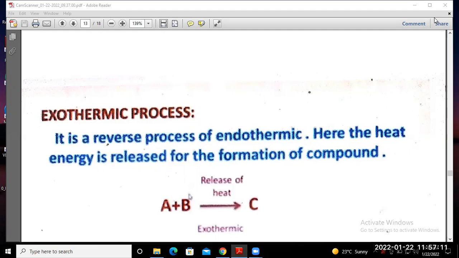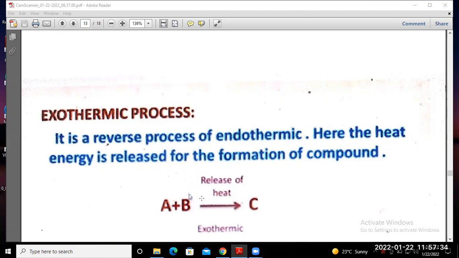In place of A and B, you may consider hydrogen and oxygen. So A, B, C is the general representation, and this is the composition and decomposition of water. That is one example of this process.